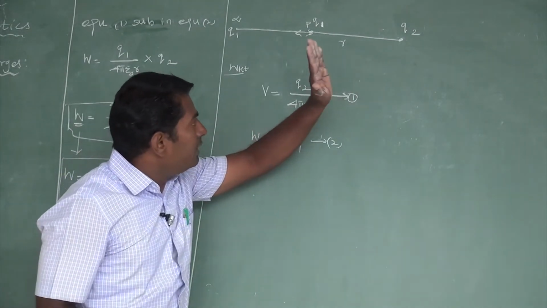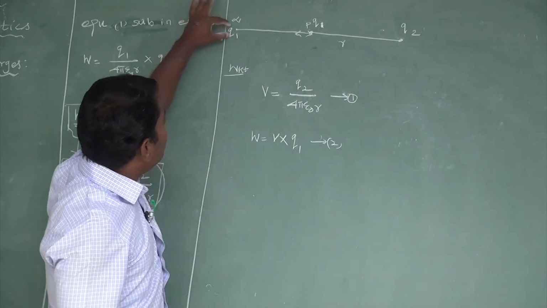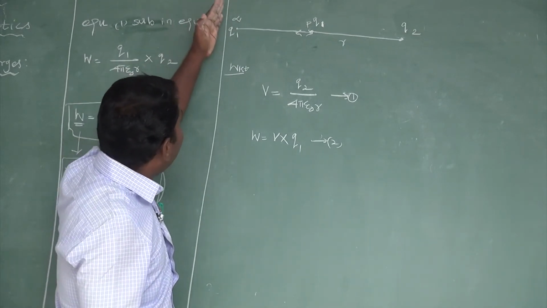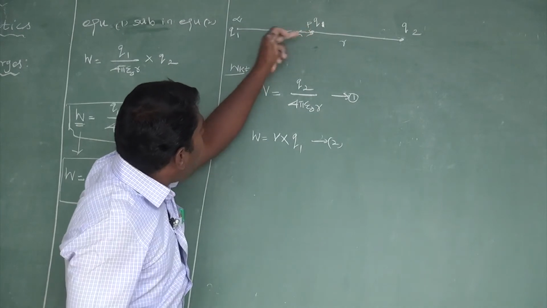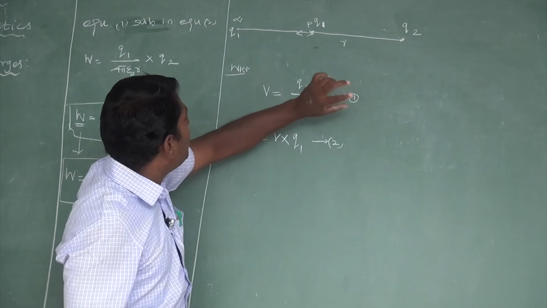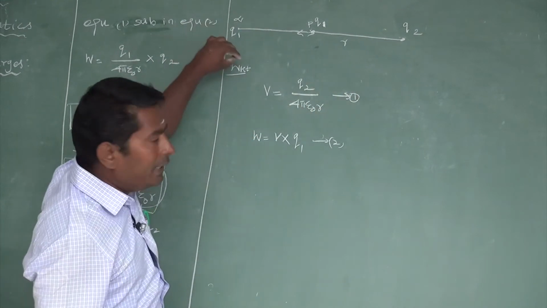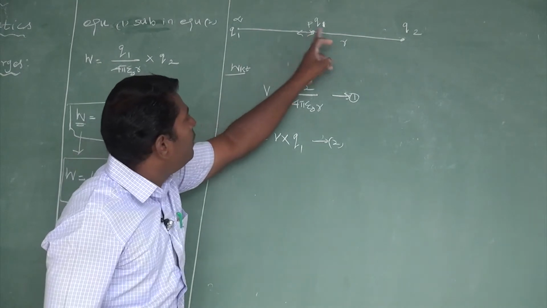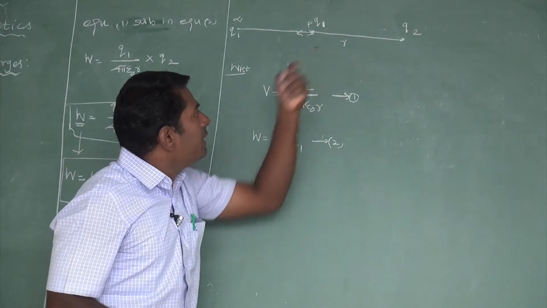The Q2 charge is kept at the same position, but the Q1 charge is placed at infinity. Now the Q1 charge is moved from infinite distance to point P against the electrostatic repulsive force exerted by the Q2 point charge. Work has to be done. The total amount of work done is stored as potential energy between the two point charges at a particular distance r.